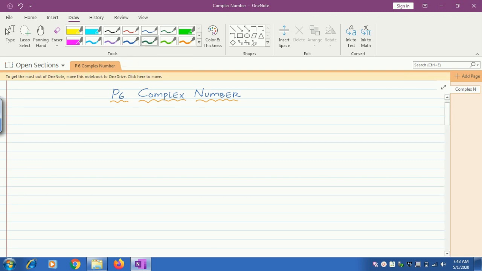A number of the form a plus ib, we call this a complex number.